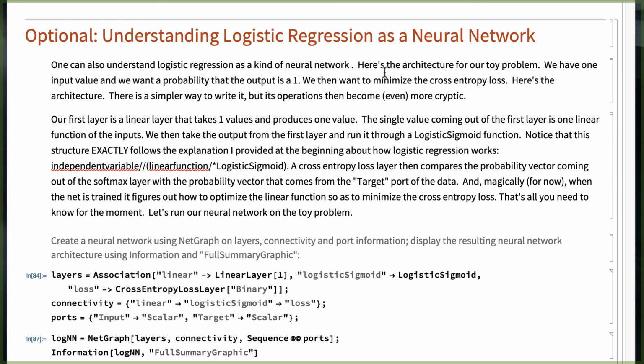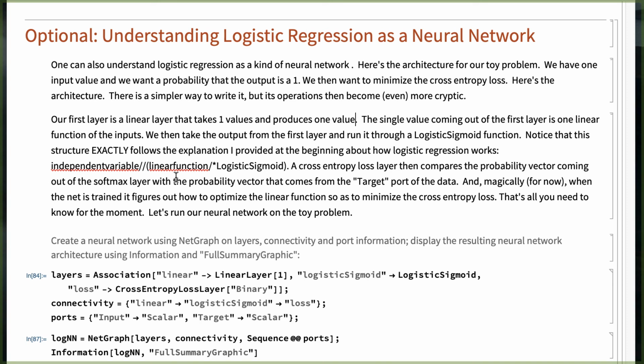So neural networks have architectures, and this is a very, very simple one. This is like the complete opposite of many modern neural nets. We have one input value, and we want to get out a probability that the output is a 1. And we then want to minimize the cross-entropy loss between what our model says is the probability that it's a 1 and whether it's really a 1 or not.